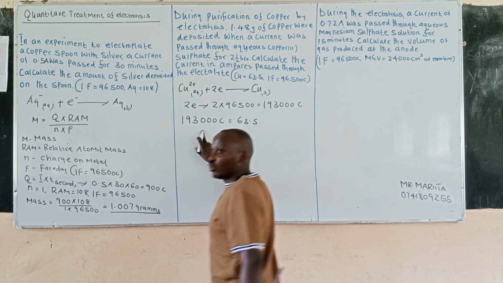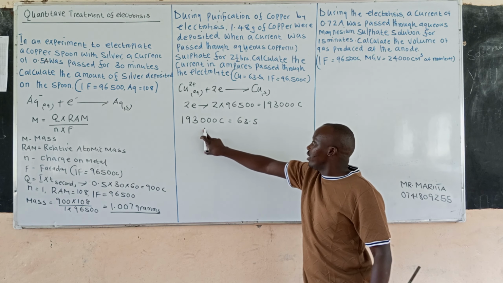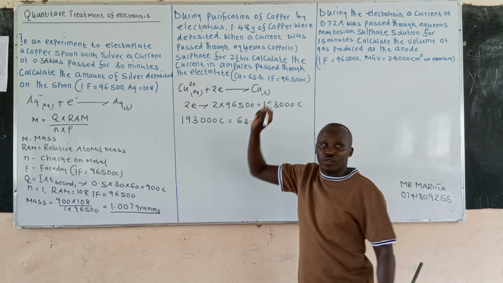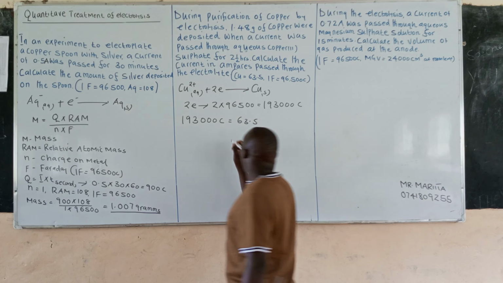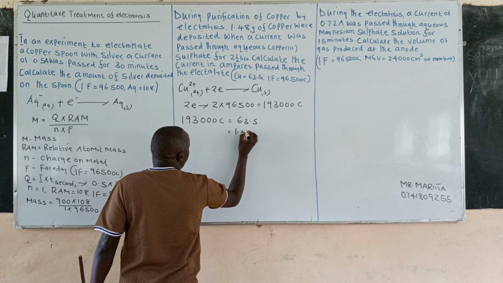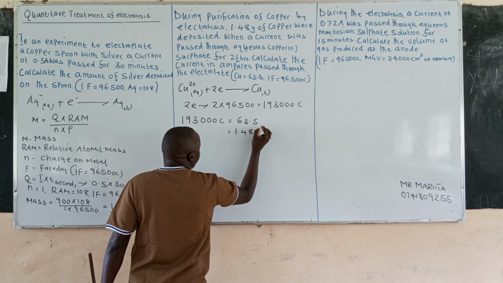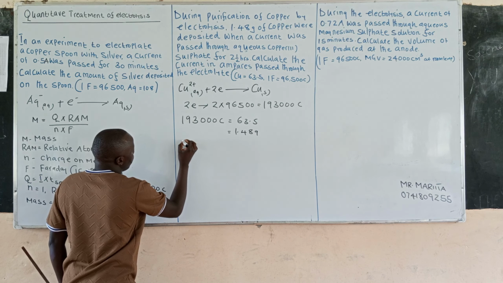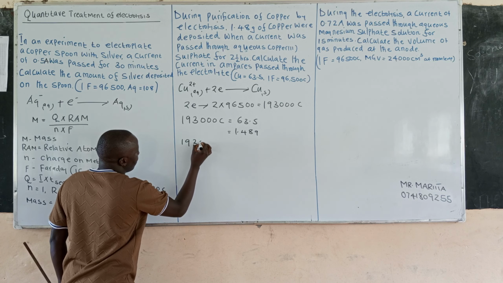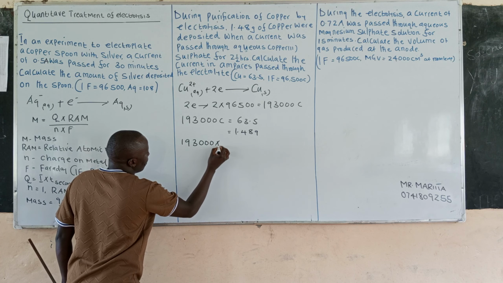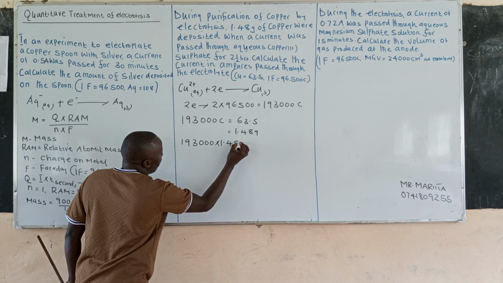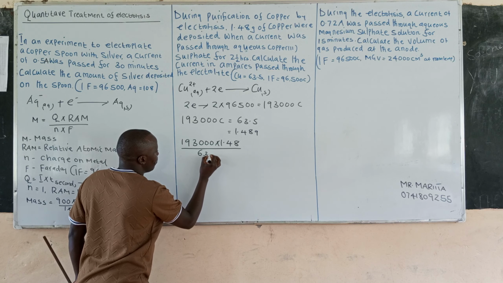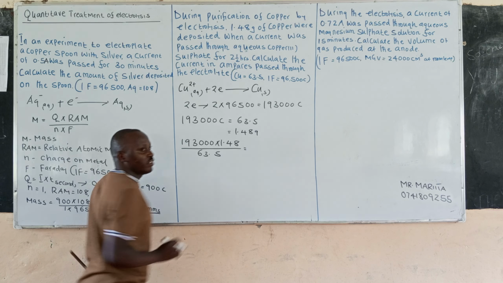Now we need the quantity of electricity required to deposit 1.48 grams of copper. So 1.48 grams of copper will be deposited by what amount of electricity? That will be equivalent to 193,000 multiplied by 1.48, and then you divide this by 63.5.